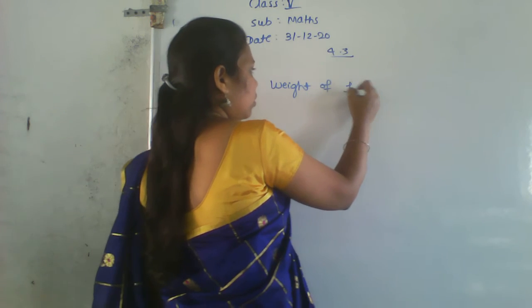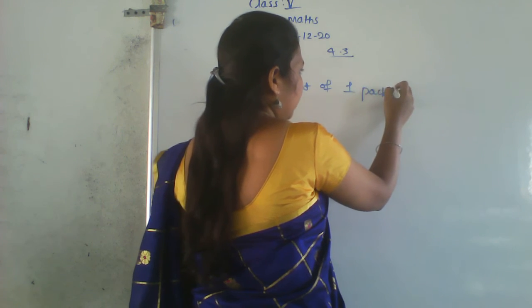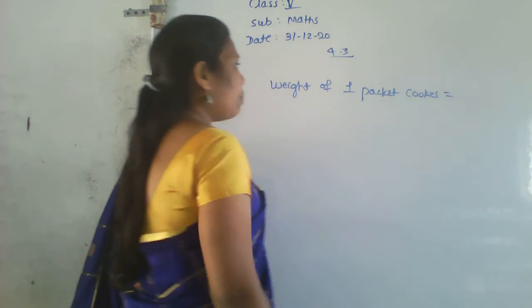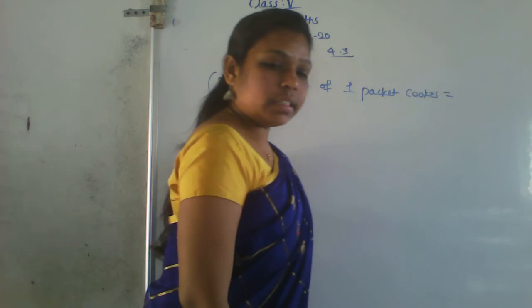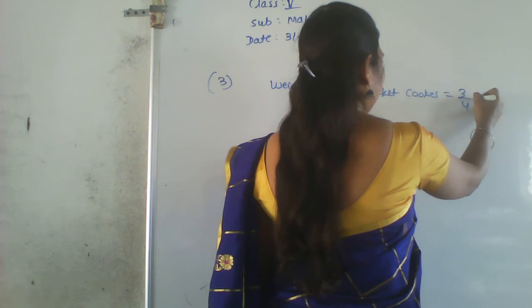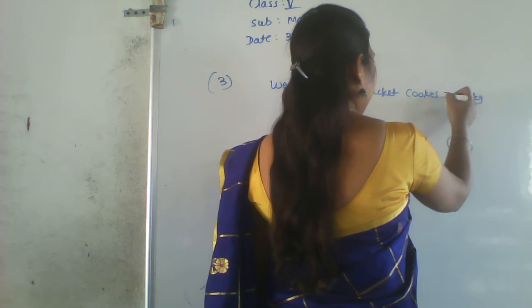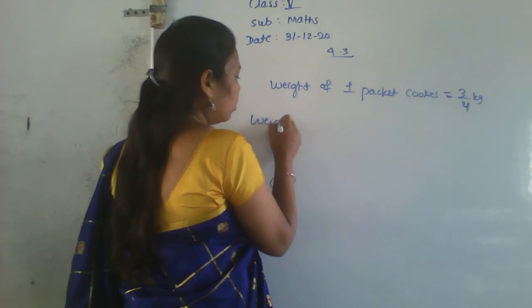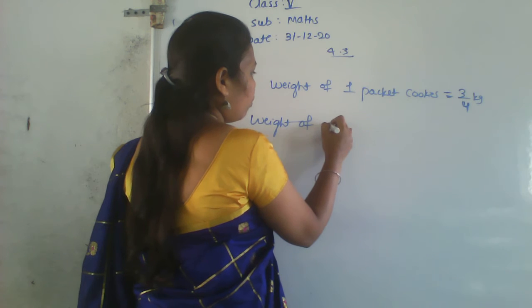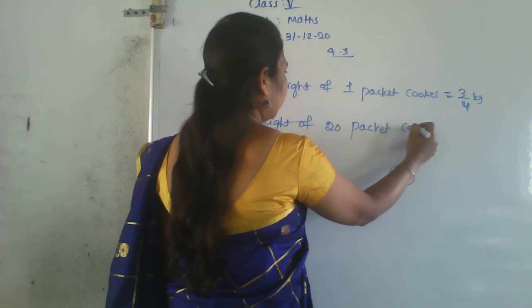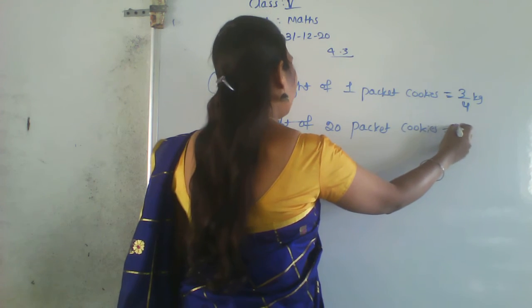Weight of one packet of cookies is 3 by 4 kg. Now we have to find the weight of 20 packets of cookies, that is equal to question mark.